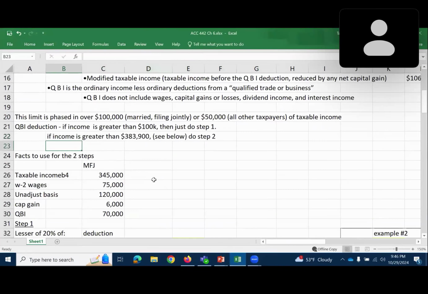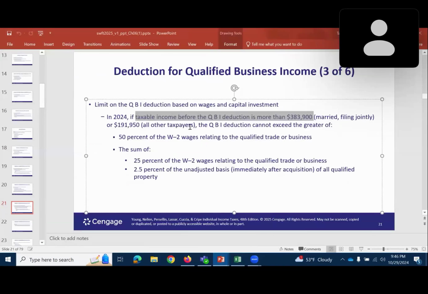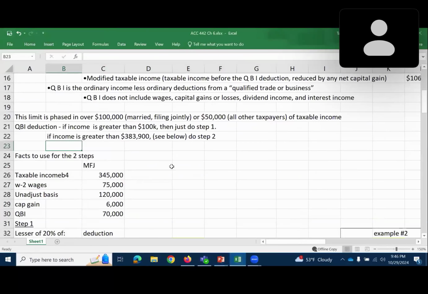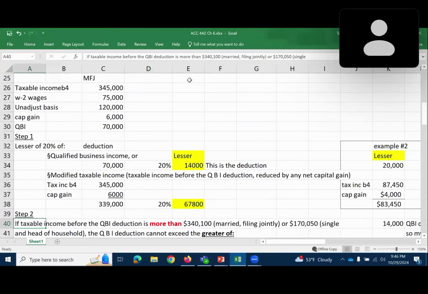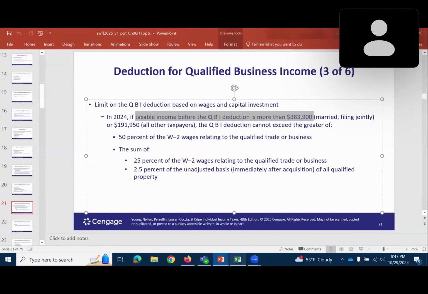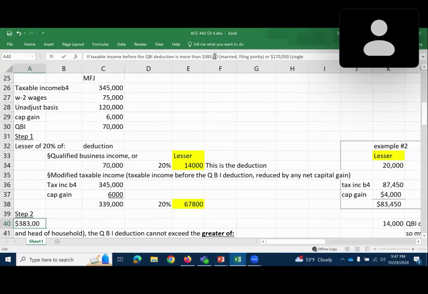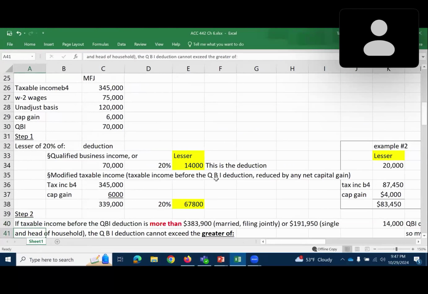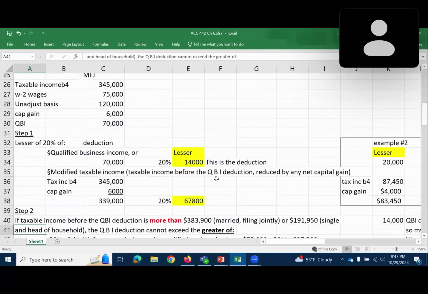This changes every year, so look to see what it is for this year. Those are your two amounts.